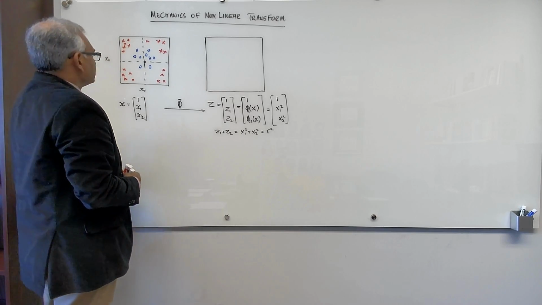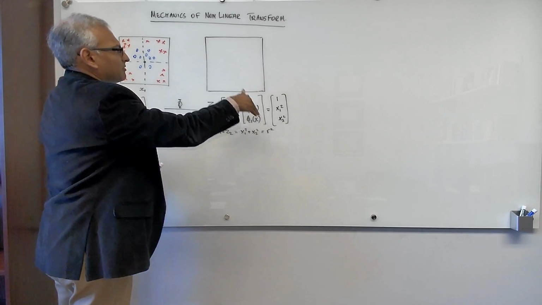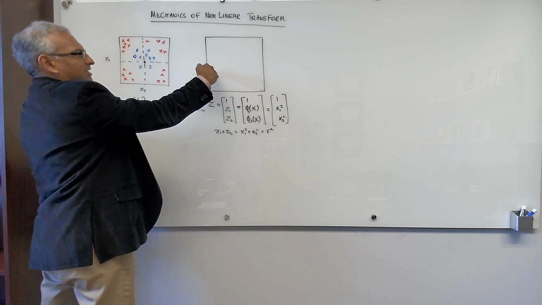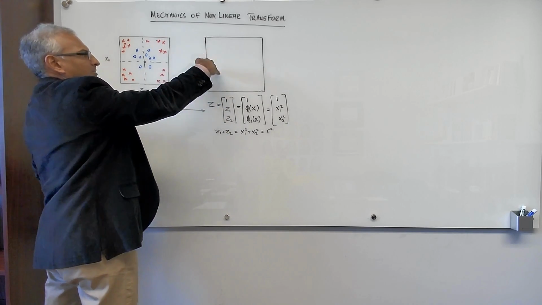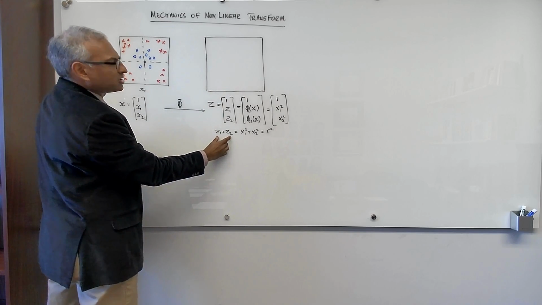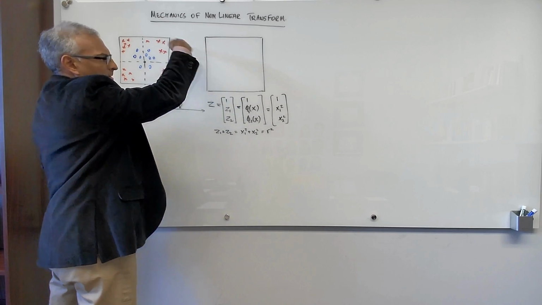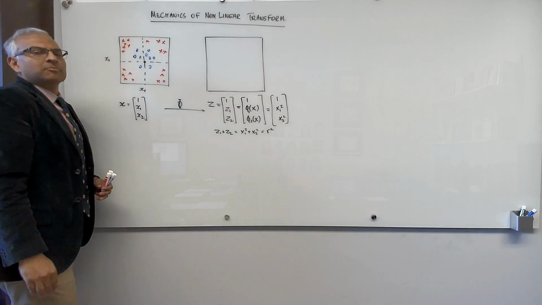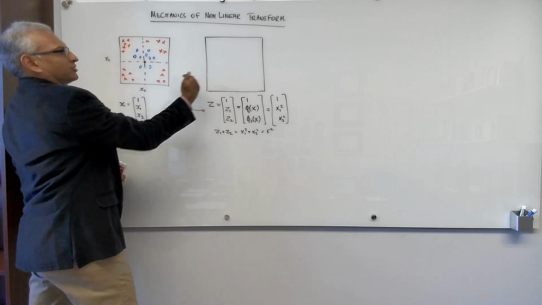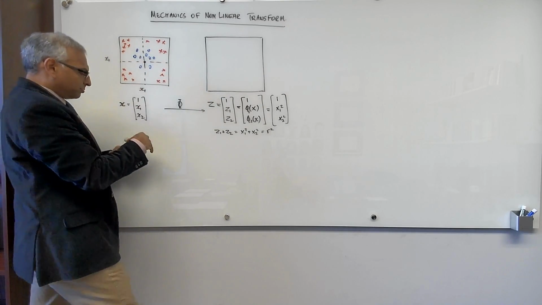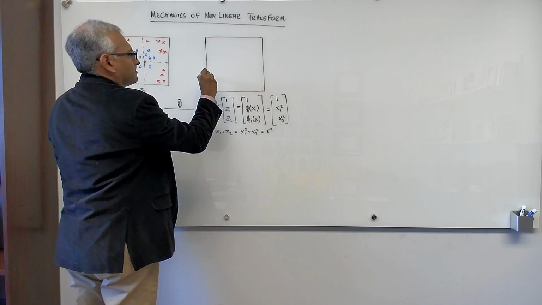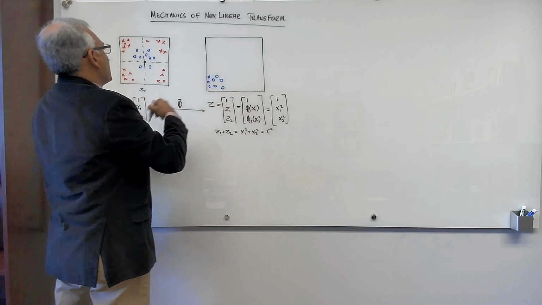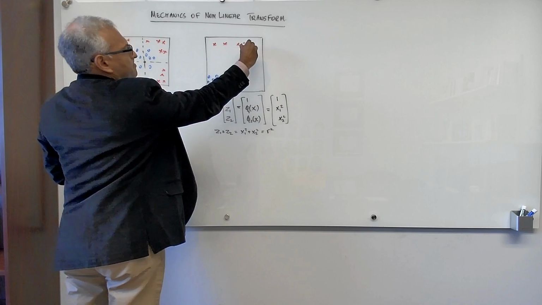So imagine that I define something. z1 plus z2 equals some constant is a line, going in this direction. The red points will be above that threshold, and the blue points are all close, so they'll be below. So these blue points will all map somewhere here, and these red points will all map somewhere here.